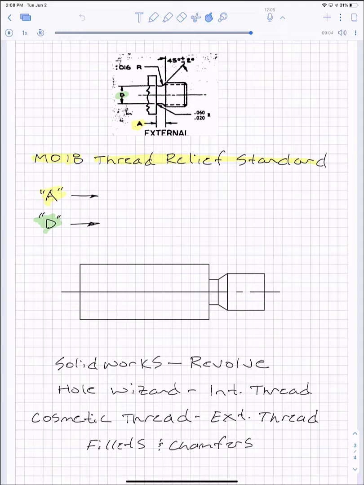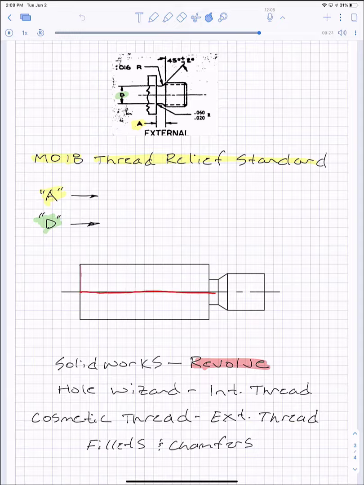All right, last thing we'll look at is how we're going to make this part in Solidworks. And I've got the features listed here at the bottom. The first thing we're going to do is a revolve command, because this is a cylindrically shaped part. So it makes sense to use a revolve feature. And your sketch is going to look something like this.